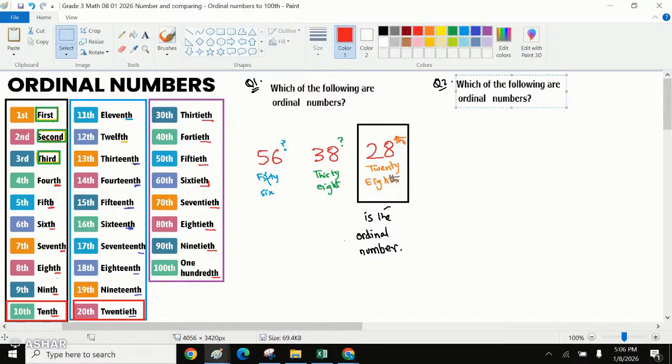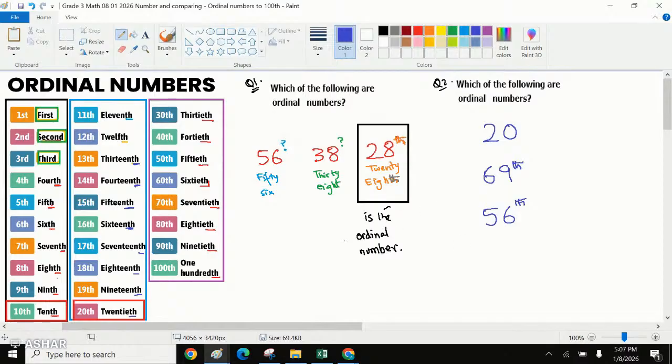The numbers given in the next question are 20, 69 ending with a th, and 56 with a th. Out of these given numbers, which numbers are ordinal numbers?